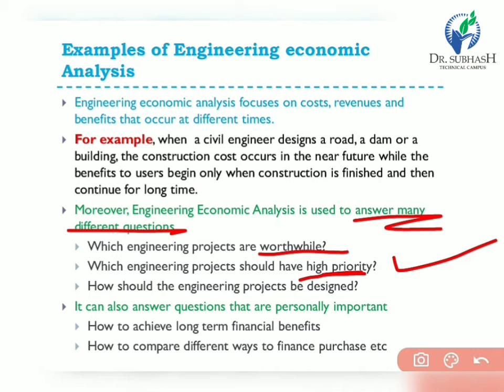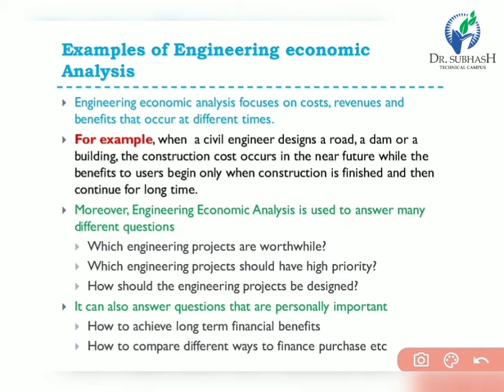Another is how engineering projects should be designed. Which type of design is used in engineering projects. It also answers questions that are personally important. Personal importance means how to achieve long-term financial benefits.